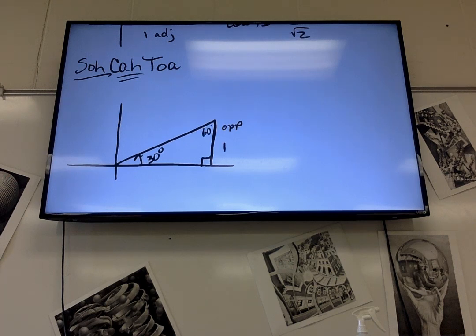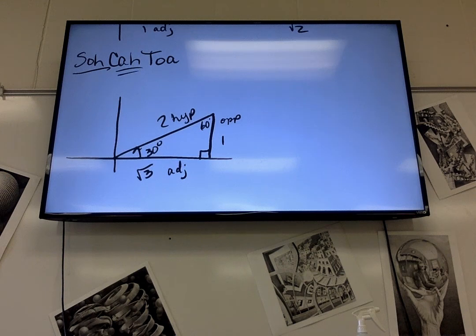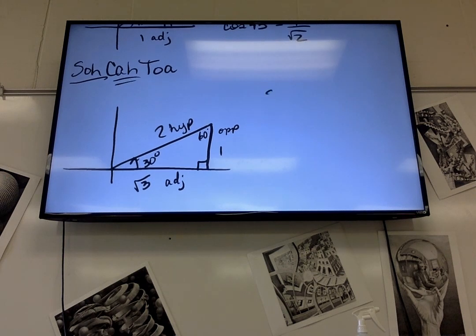And then the side across from the 60 is square root of 3. Hypotenuse? 2. It's just 2. It's square root of 2 in a 45, 45. So we need the sine of 30 and the cosine of 30. Becca, what's the sine of 30?